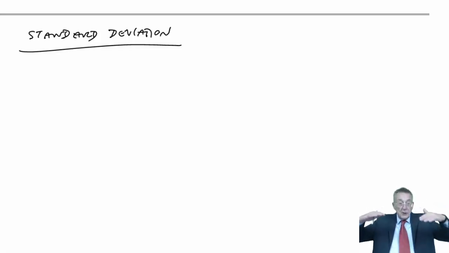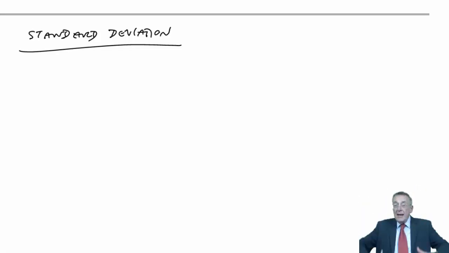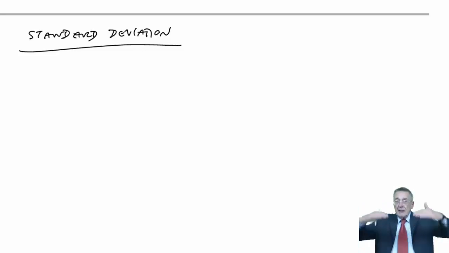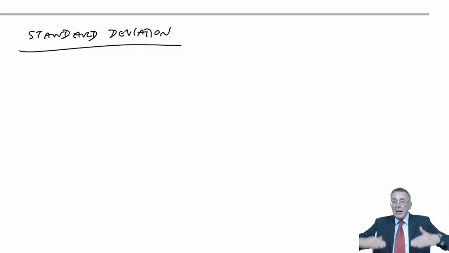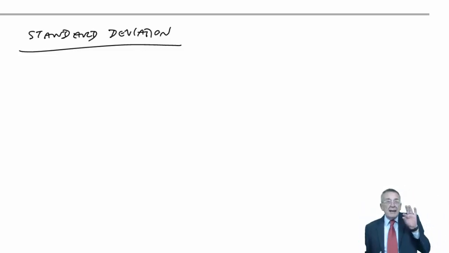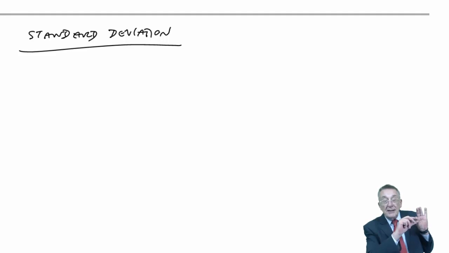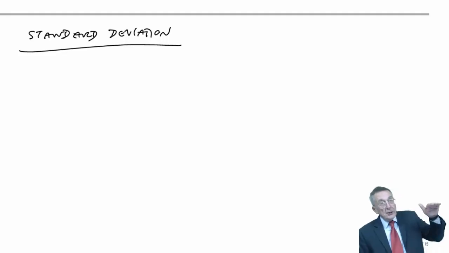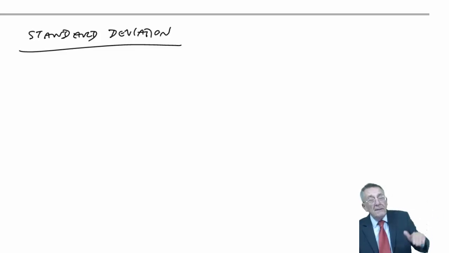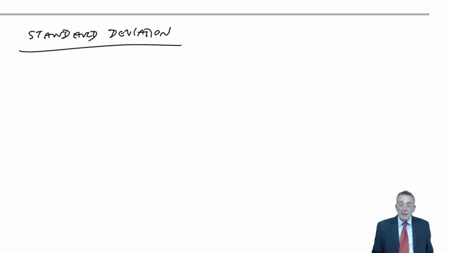But standard deviation, as you'll see in the numbers in a minute, is measuring the extent of the spread. How much higher, how much lower. If you were guaranteed it would always be 40,000, there's no spread at all, so we have a standard deviation of 0. But the more the actual results may be higher or lower, the more the spread, the more the standard deviation. So it's a measure of spread.